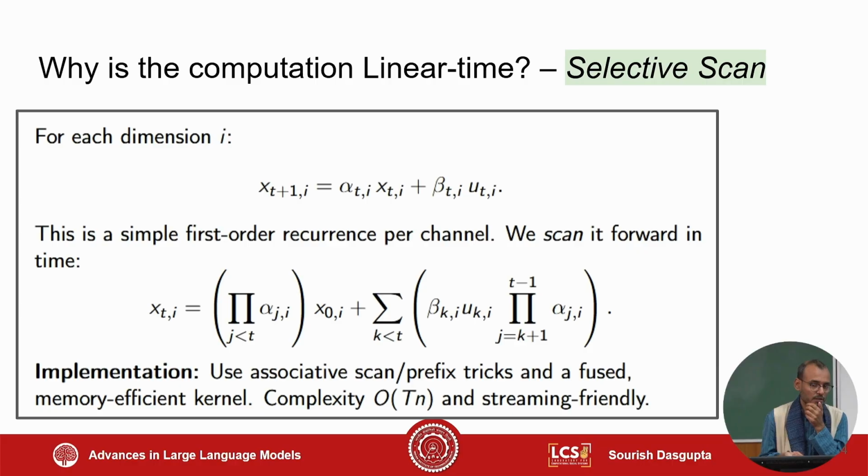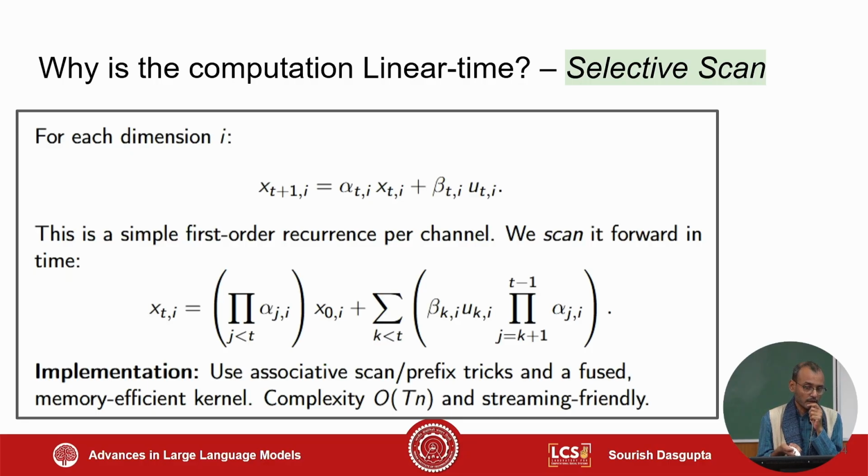So why is the computation linear time? Because if you unfold this update equation, the alpha, the forget gate, with the update gate, you'll get this projection, right?